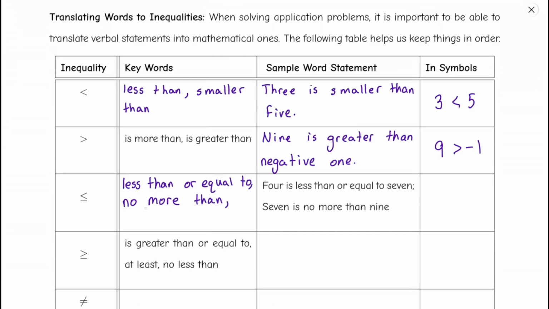So notice, even though I'm using the words more than because I'm putting the word no in front of it, that will make it less than or equal to, saying I'm not allowed to be bigger than. Same with if we use the terminology at most. So 4 is less than or equal to 7, or equivalently, you could say 7 is no more than 9.